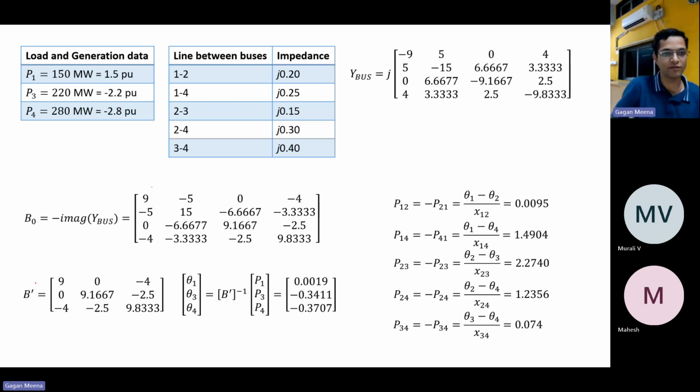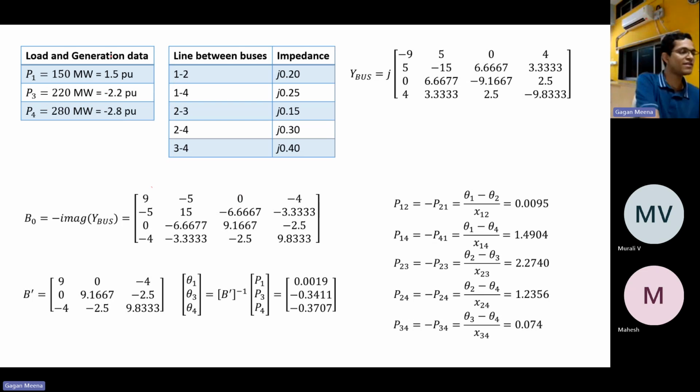Okay, so we have B dash. Now we have these three angles. Theta 2 is already 0 because we have taken it as the slack bus. We don't need it. Then theta 1, theta 3, theta 4, and P1, P3 and P4. B dash inverse we can calculate. P1 is 1.5, P3 is minus 2.2 and P4 is minus 2.8 because there is no generation here, it is only demand.